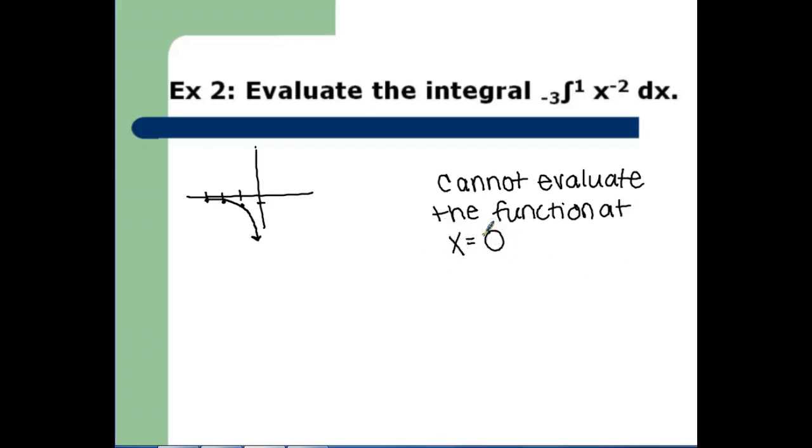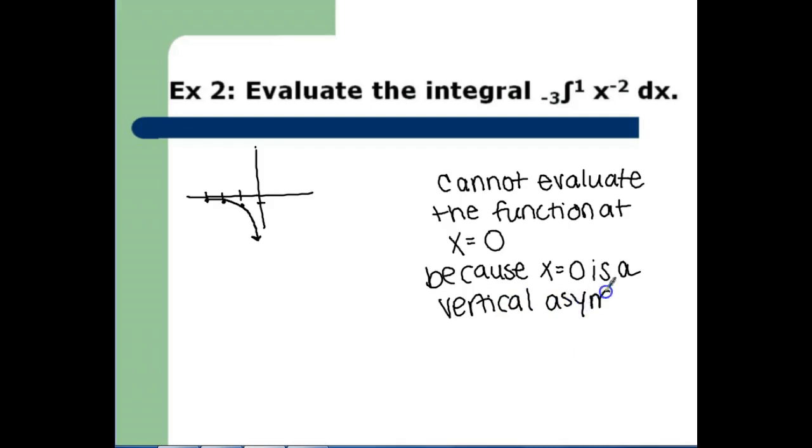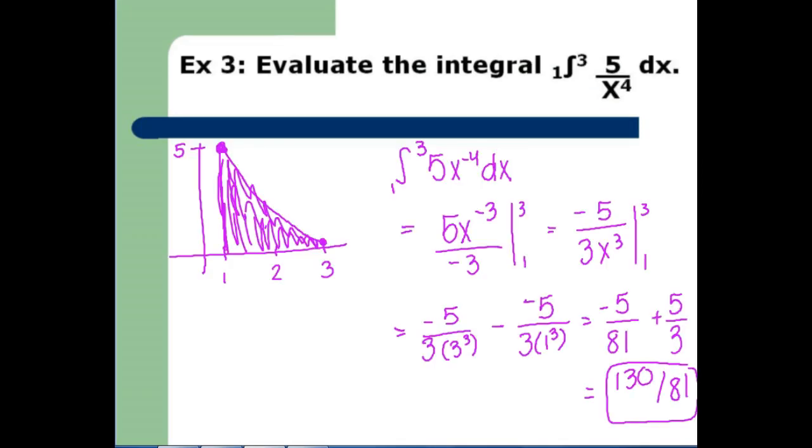So again, it's important to understand what the graphs look like. The x-axis is our bound, but if the x value is going to negative infinity, there is no bound to stop it. Therefore, the area would be infinite.